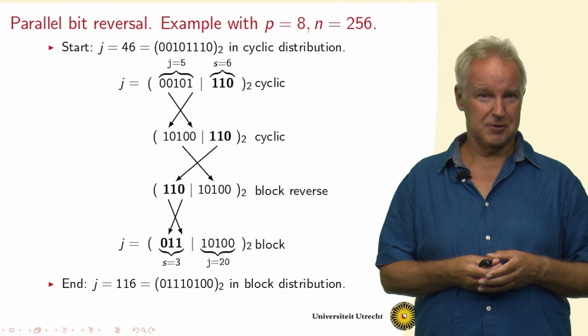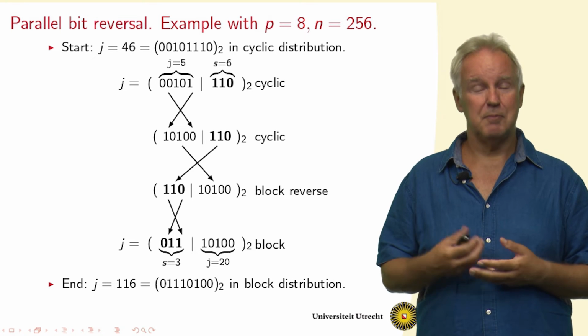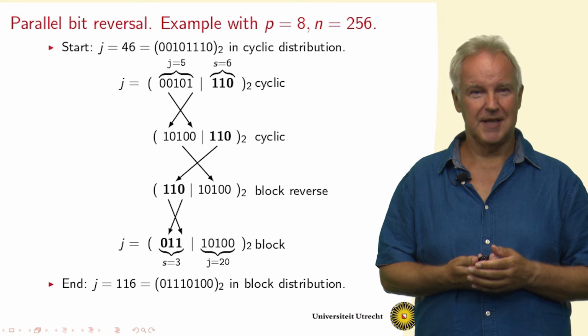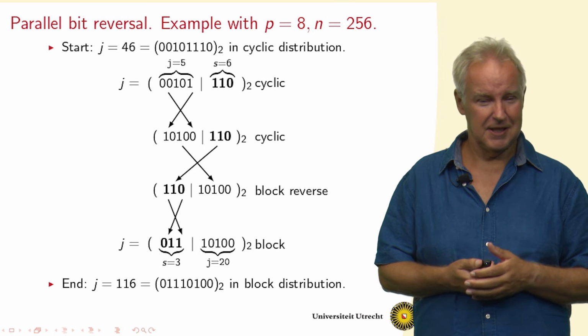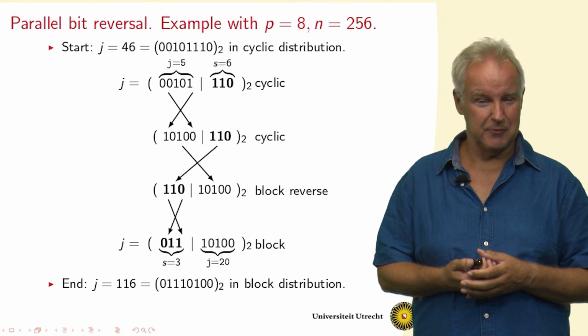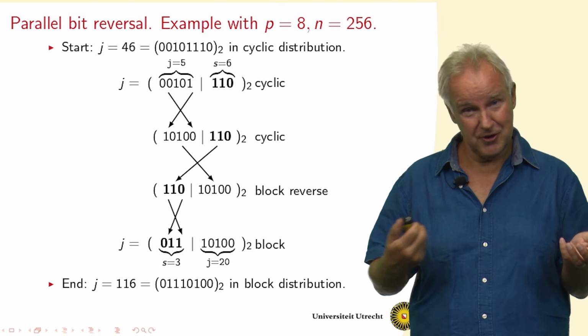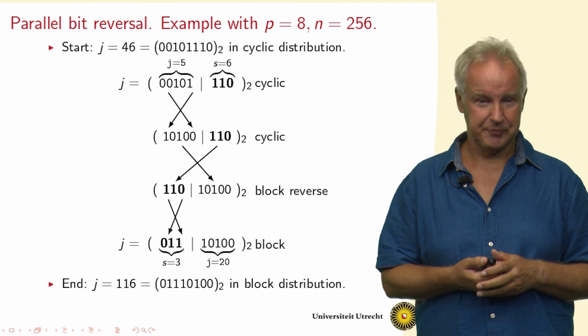And what you want to do is move this xj to a position which is the bit reverse. So we want to move it to position 116, which in binary is 01110100, which is the reverse of the j that we had previously.